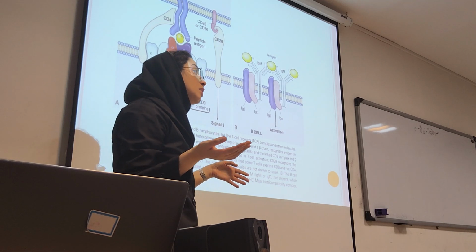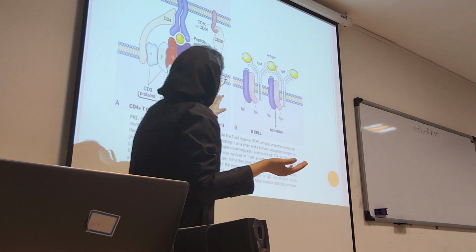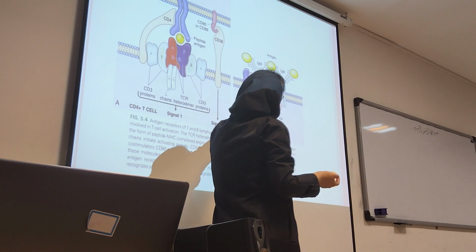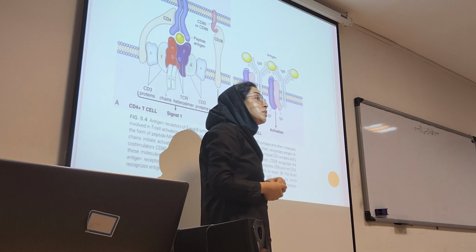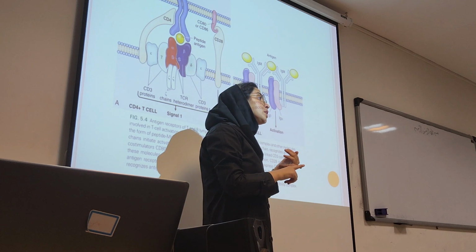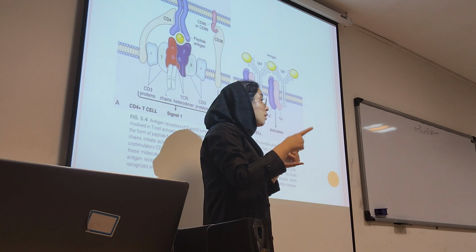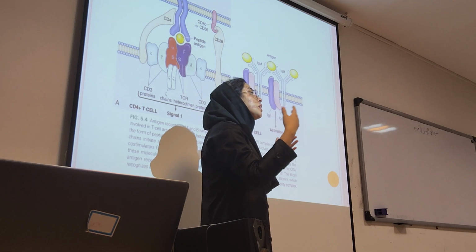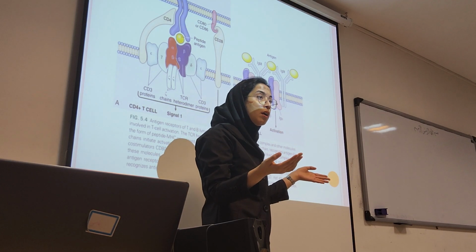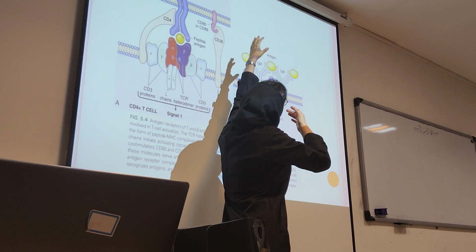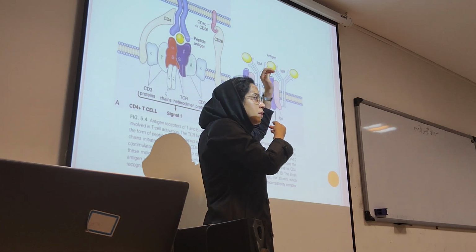And here we have the B cell. About the B cell, what is the receptor? Antibodies. Which types of antibodies? IgM and IgD. Yes, they are the types of antibodies that are the B cell receptor. And here, do we have any presenting cell?